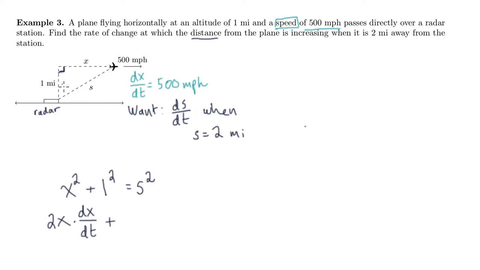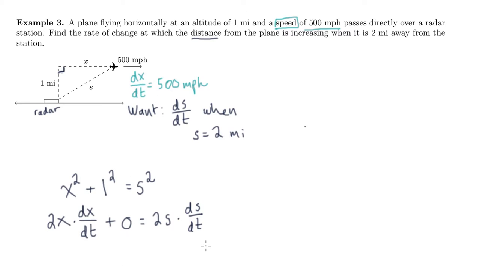Another way to think about it is that the vertical distance is not changing, so it doesn't contribute to the rate of change. And that's equal to 2s times ds/dt.